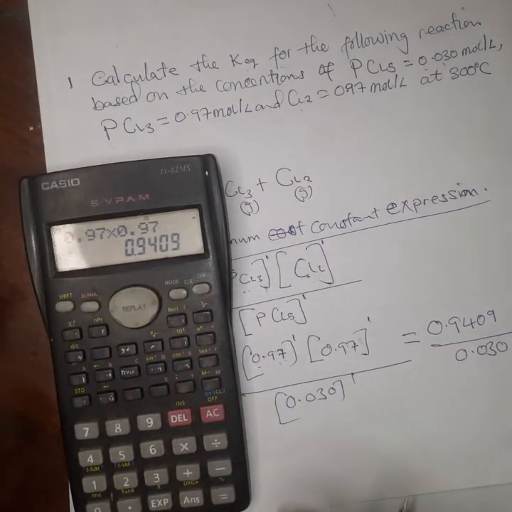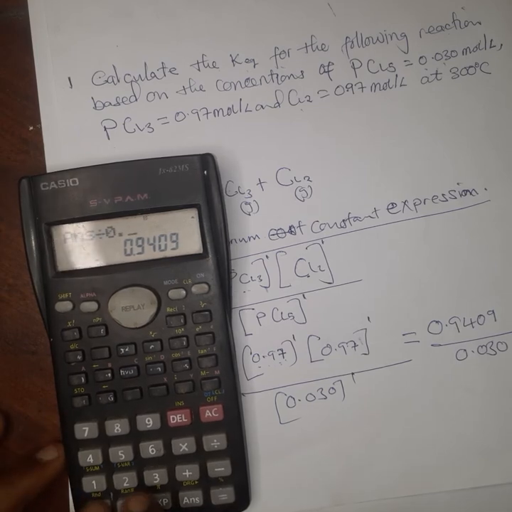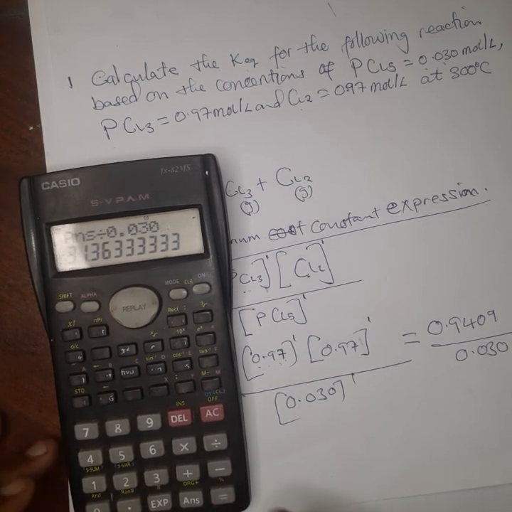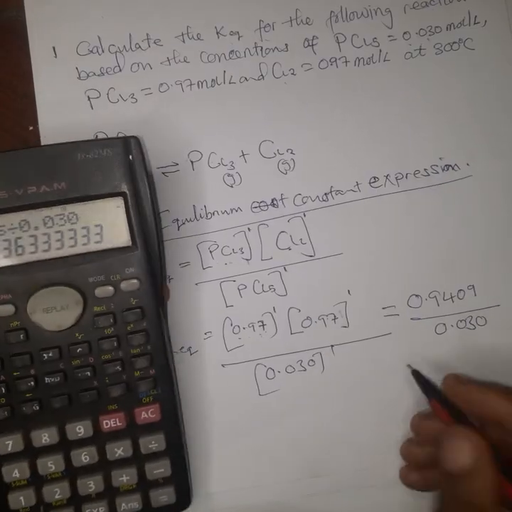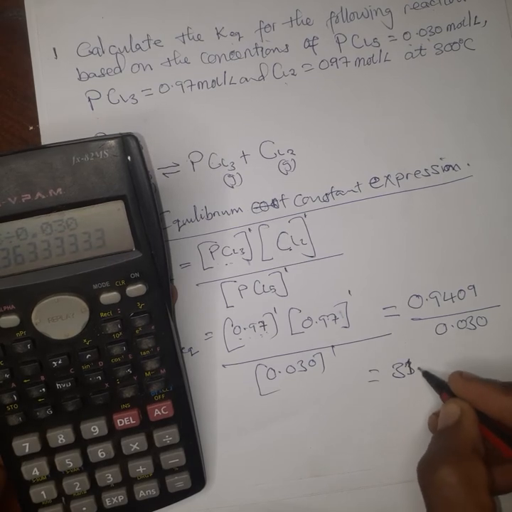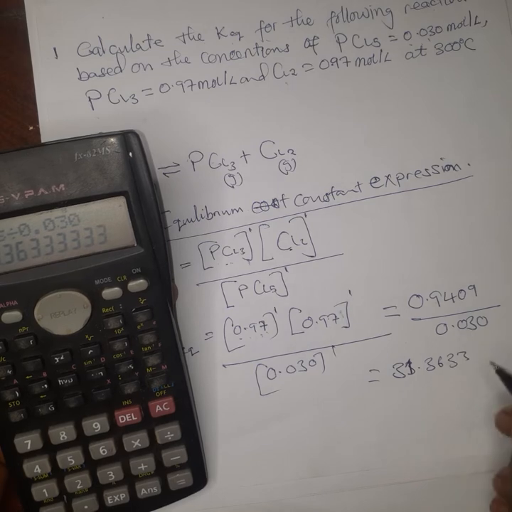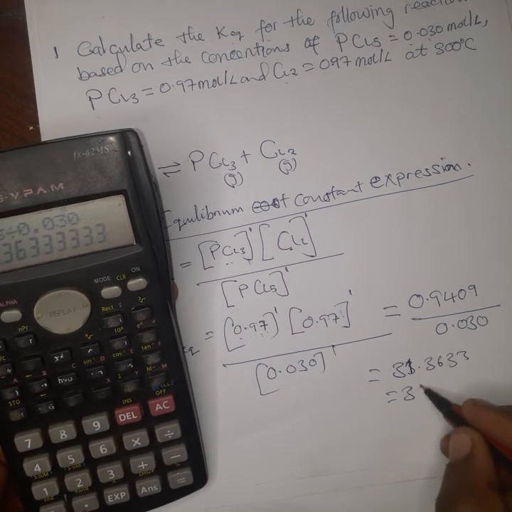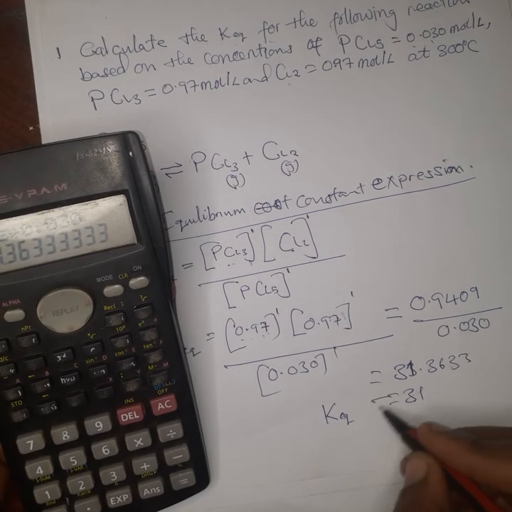Okay, so the answer which you have found, divide by 0.030, which is giving us 31. So the answer is equals to 31.3633, which is the same as 31. So the equilibrium constant is equals to 31.